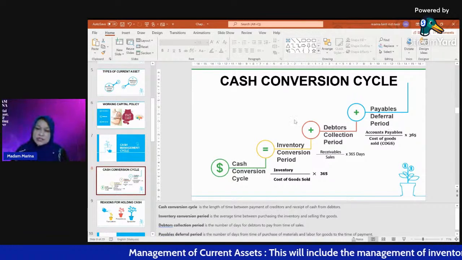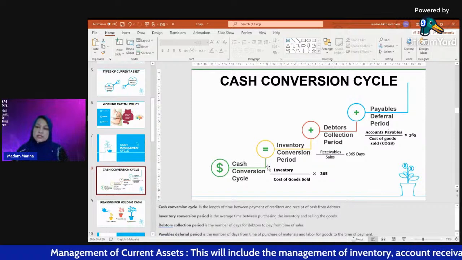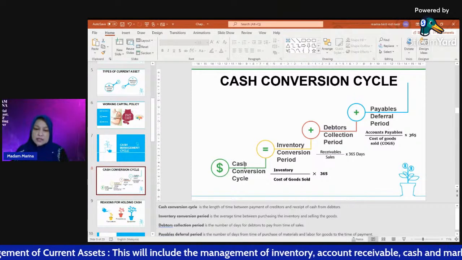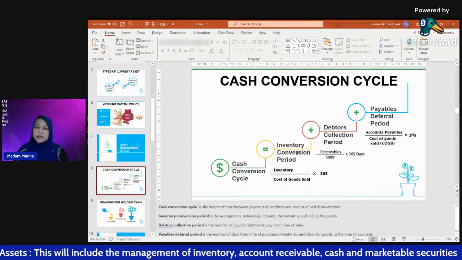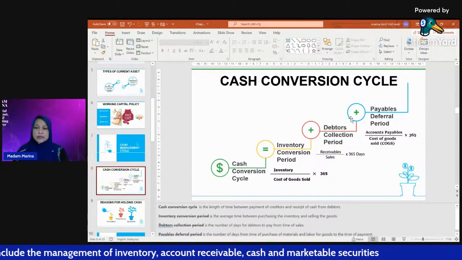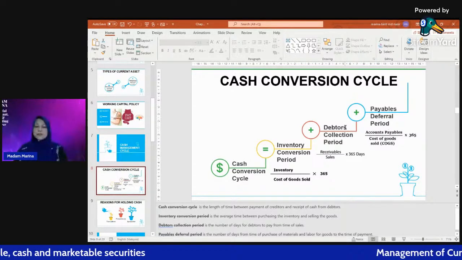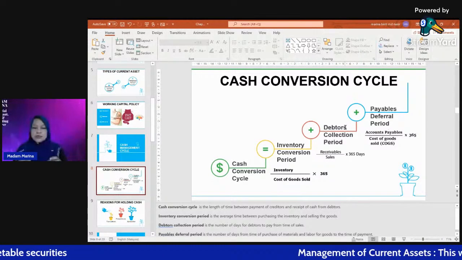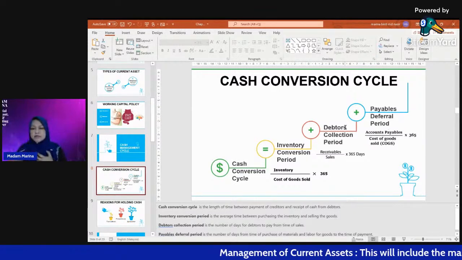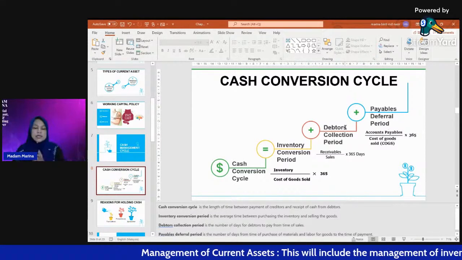So this is the formula of cash conversion cycle. Cash conversion cycle equals inventory conversion period plus debtors collection period plus payable deferral period. So actually the cash conversion cycle is the length of time between the payment of creditors and receipt of the cash from debtors.